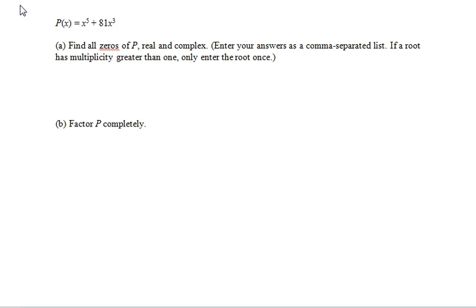We are to find all of the zeros of the polynomial p of x equals x cubed times x squared plus 81. So in this case, we notice first of all that p of 0 equals 0.